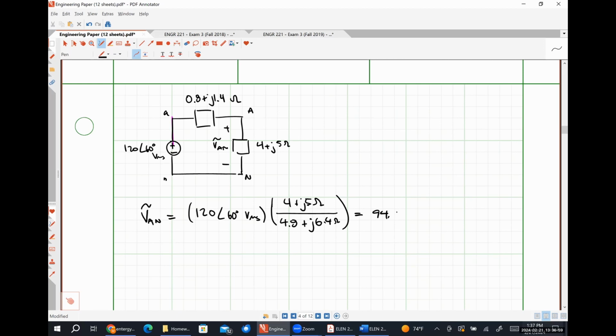94.047, angle 58.21. VAB is just VAN times √3 angle 30 degrees. Is 166.358, angle positive 88.210 degrees.